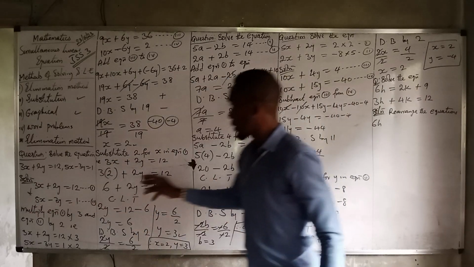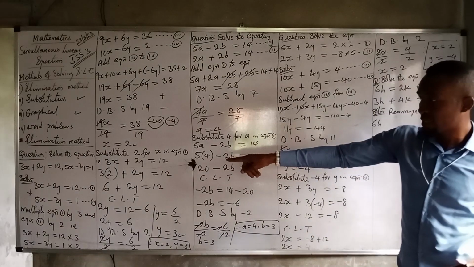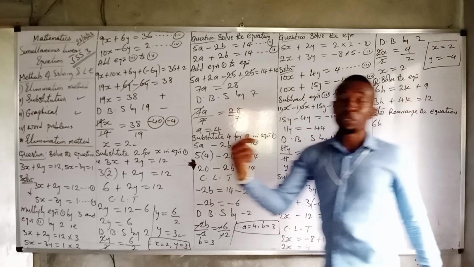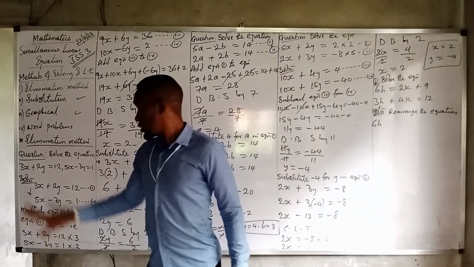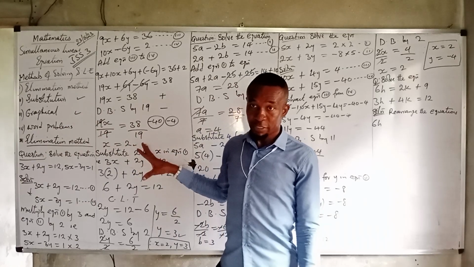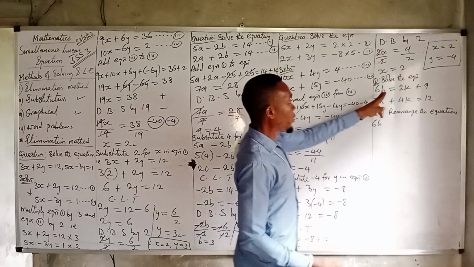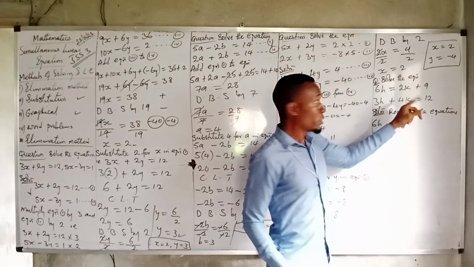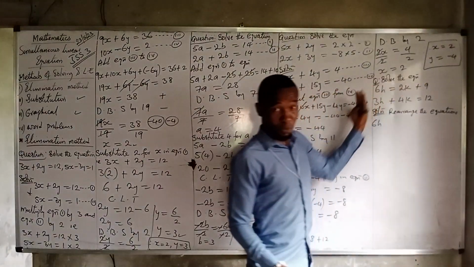Because it's 3x plus 2y equals a number, the unknowns stand on one side and the one without unknown on the other side. The unknowns here are H and K, so the two unknowns will be on one side.